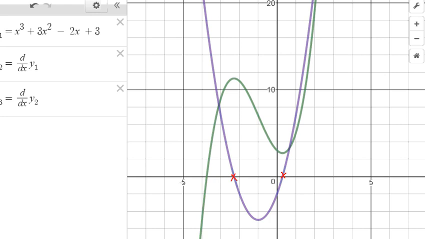In other words, that purple graph, each of the values there is actually the gradient of the green curve at any particular point. So for instance, if we were to take the value of the function here, when y is 10, y is 10 appears roughly when x is about negative 3.2.